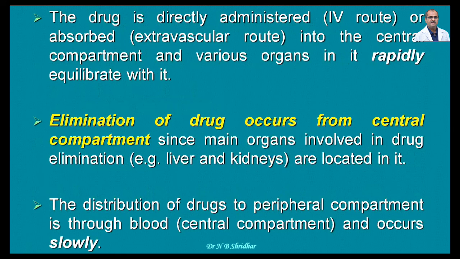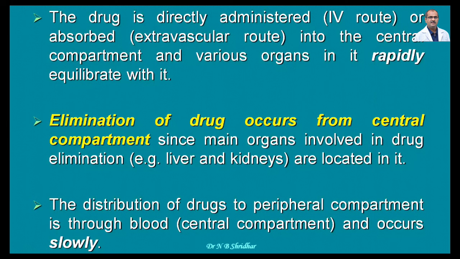Here the drug is directly administered by the IV route, or absorbed into the central compartment, and the various organs rapidly equilibrate with it. Here also the drug is administered as an IV bolus in the two compartment open model, and it is assumed that the drug in the blood is distributed between the central compartment and various organs in rapid equilibrium.